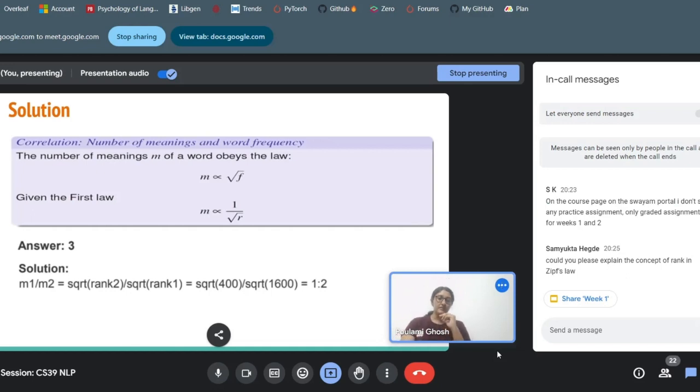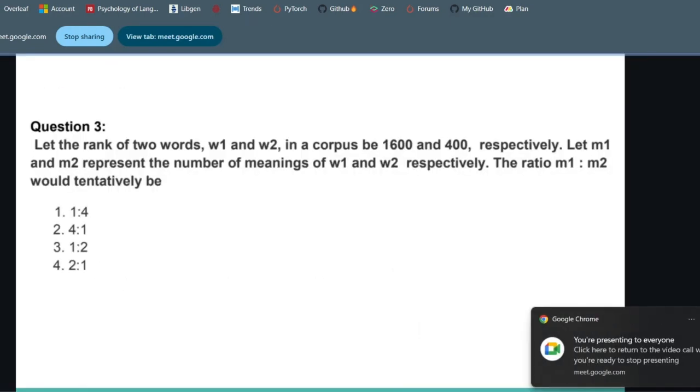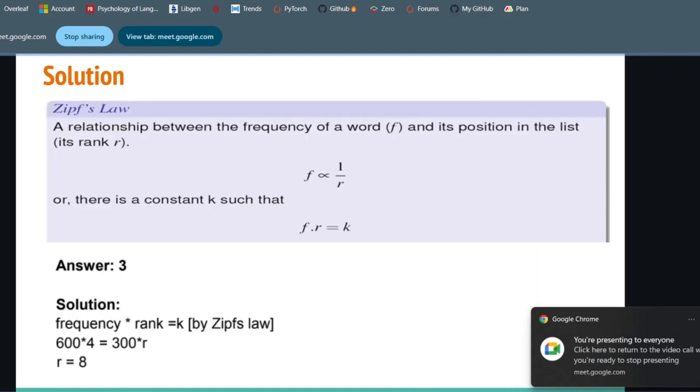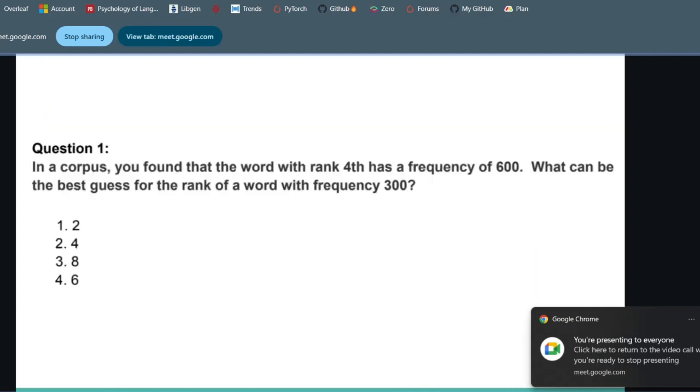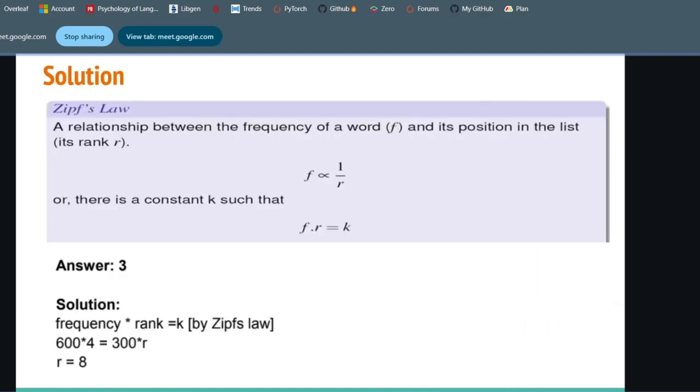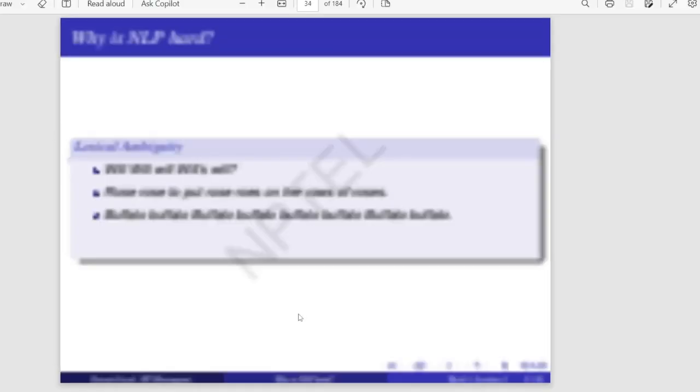Samyukta is asking, could you please explain the concept of rank in Zipf's law? Yes, sure. I think one thing I can do is open the lecture slides, which would be helpful.